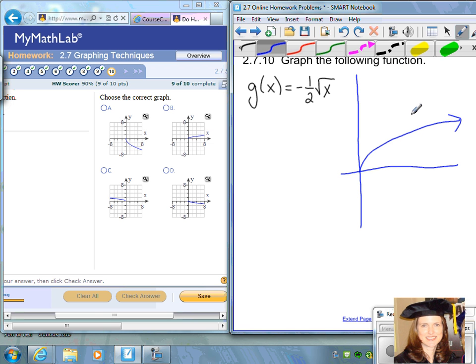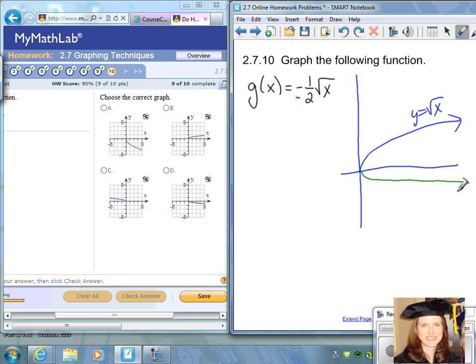This is y equals square root of x. That's our basic square root of x graph. Now this negative part is going to make it flip down, and then the 1/2 is going to make it shrink vertically. So it's going to look something like this.